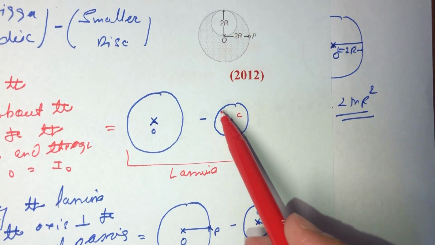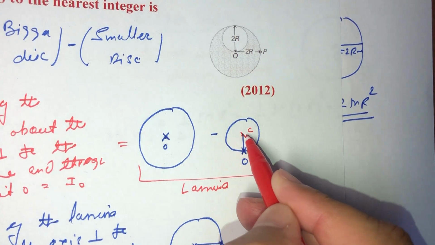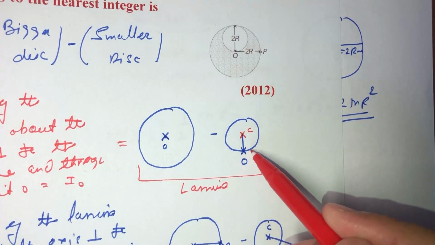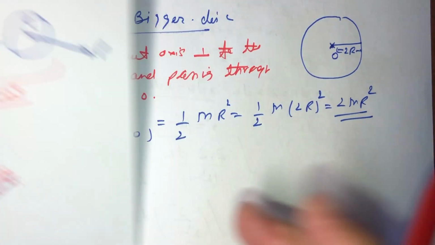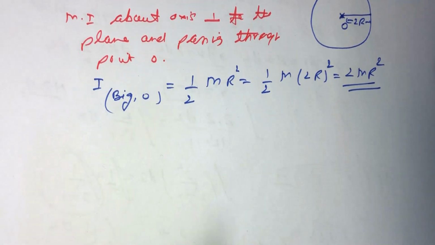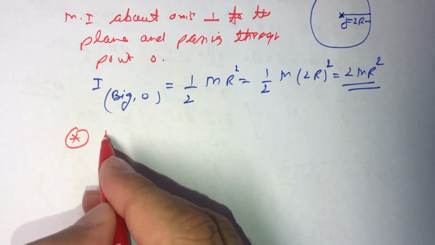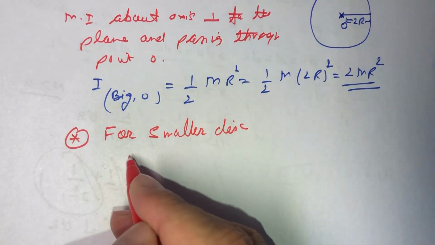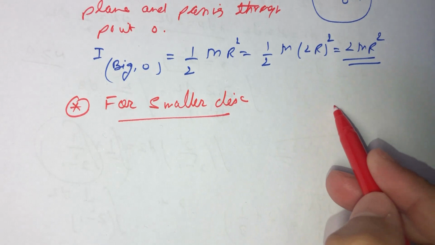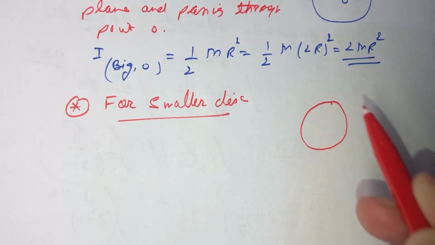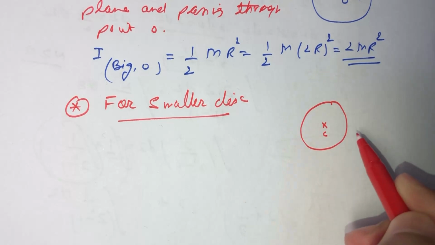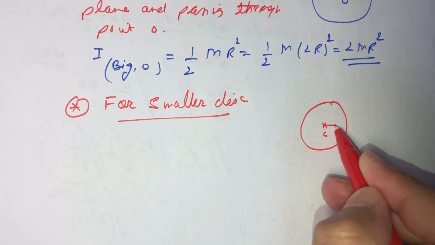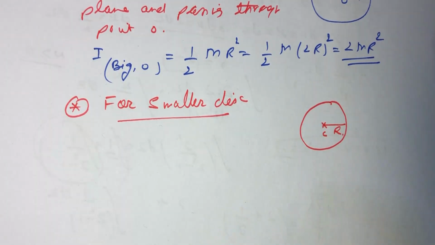First of all, we are going to find the moment of inertia about its center, which is given as C. Then we are going to use the parallel axis theorem and find the moment of inertia of the smaller disk about this point O. So this is our smaller disk, with the center C, and its diameter is given as 2r, so its radius will be equal to r, and mass is small m.